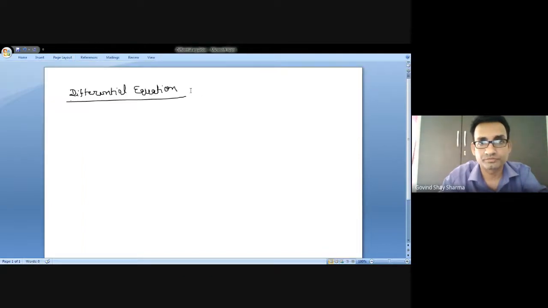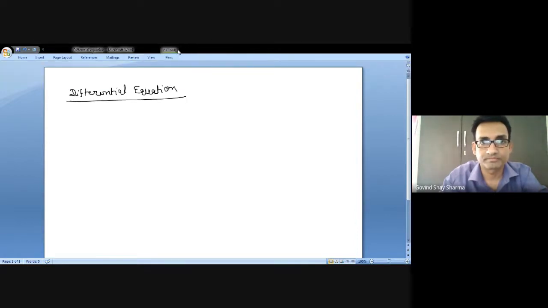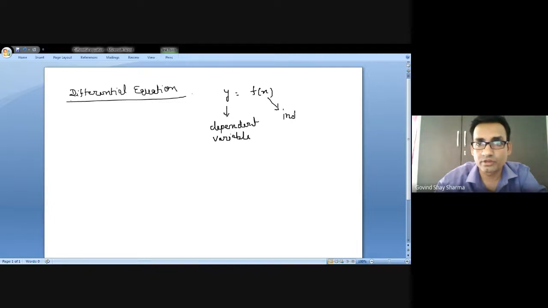Let us take y is equal to f(x). Here, y is the dependent variable and x is the independent variable, because y depends on x. So there also exists their derivative dy upon dx.